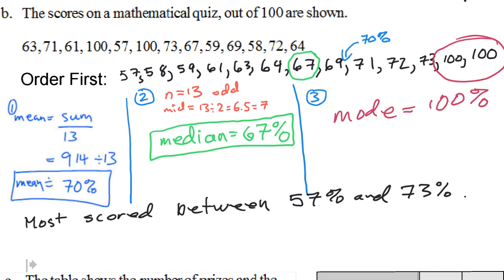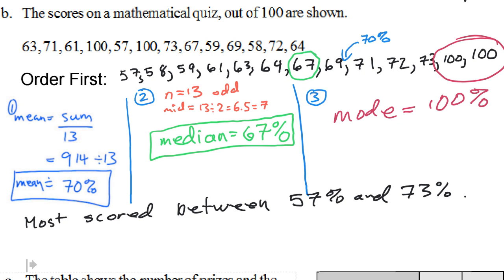Sorry, 73%. So that's basically this group here, right? So we can't use the mode because it's out of the ballpark, because most people didn't get that. But when we take a look at the average, the mean, you'll notice the mean is just to the right of the center.